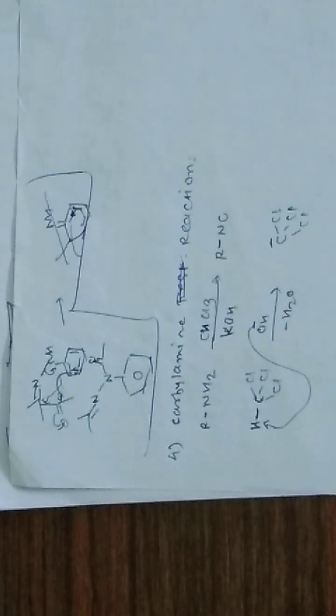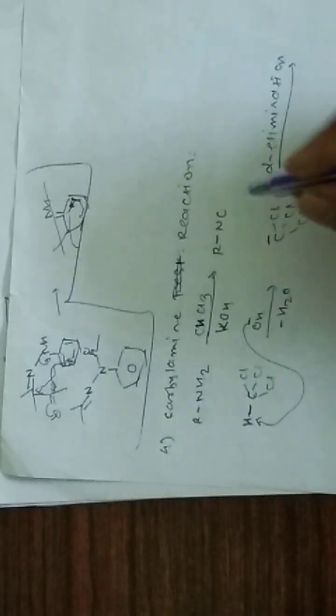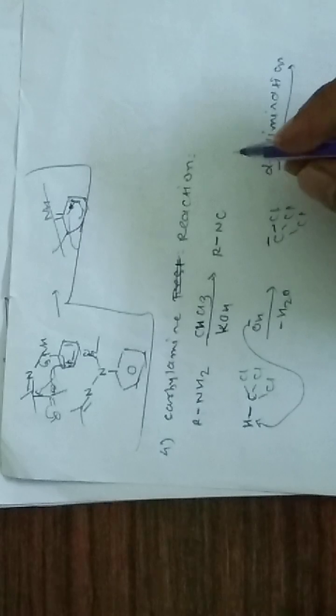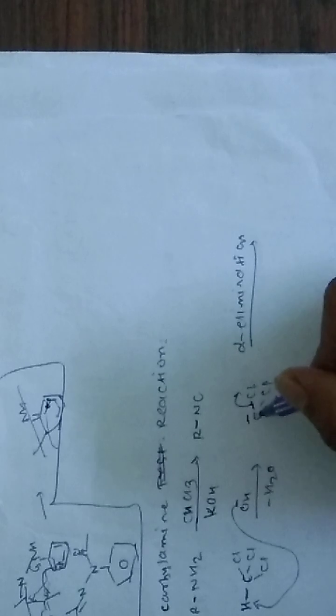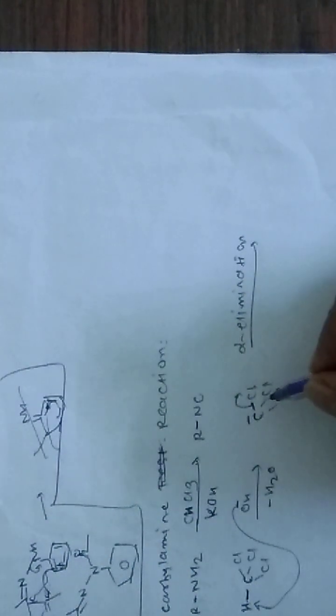Now the next step is alpha elimination. What is alpha elimination? Out of these 3 chlorines, 1 chlorine is removed as a leaving group. The negative charge on carbon is already there and 1 electron pair is removed. So how many total electrons will remain in the outer shell of carbon? 6.